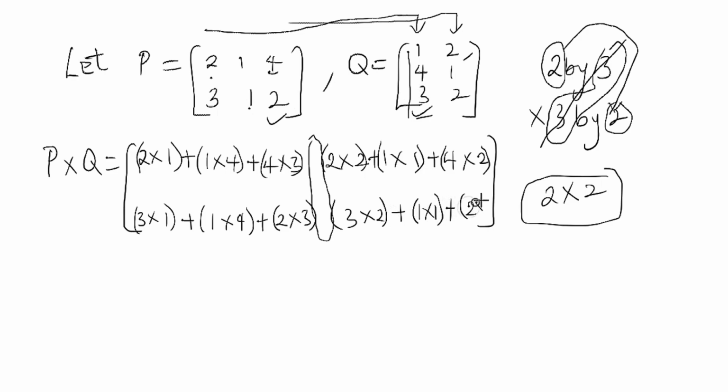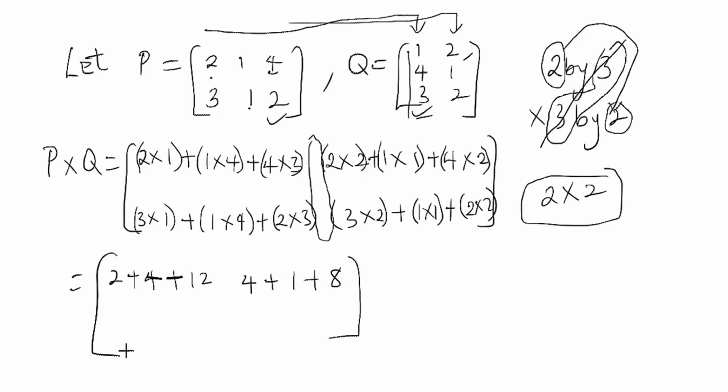plus 2 times 2. So this is going to produce 2 times 1, 2, plus 1 times 4, 4, plus 4 times 3, 12. And then the other part, the other side, is 2 times 2, 4, plus 1 times 1, 1, plus 4 times 2, 8.